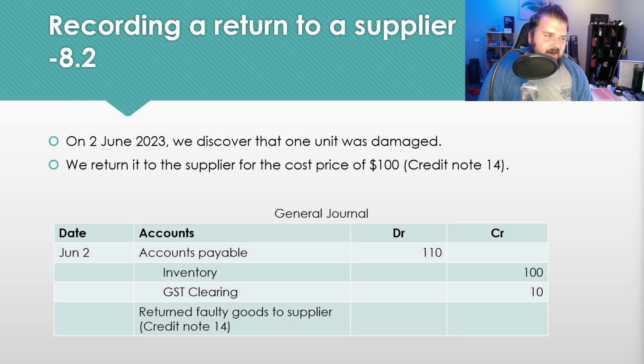So you can see here, we no longer owe our accounts payable $110, including the $100 for the inventory, but we also build our GST liability back up. And the reason for that is that we're no longer paying this accounts payable that $10 of GST. Therefore, we still owe it to the government. So that's why that's reversed as well.